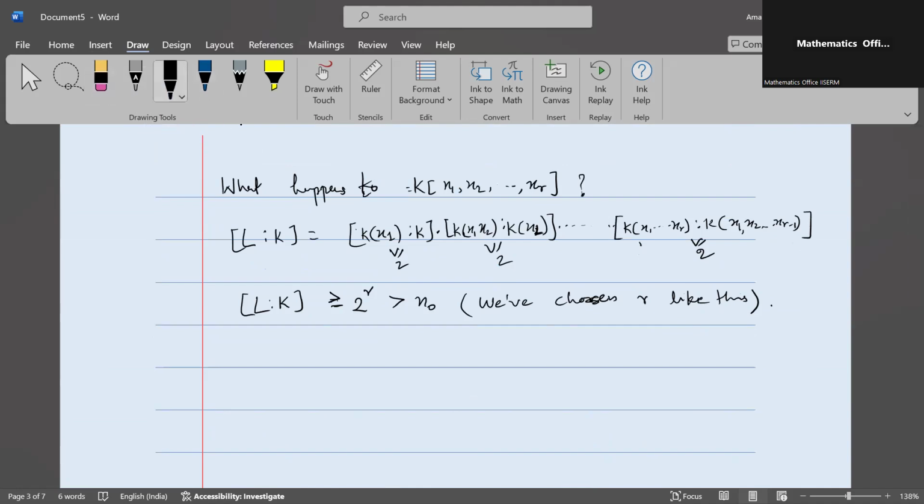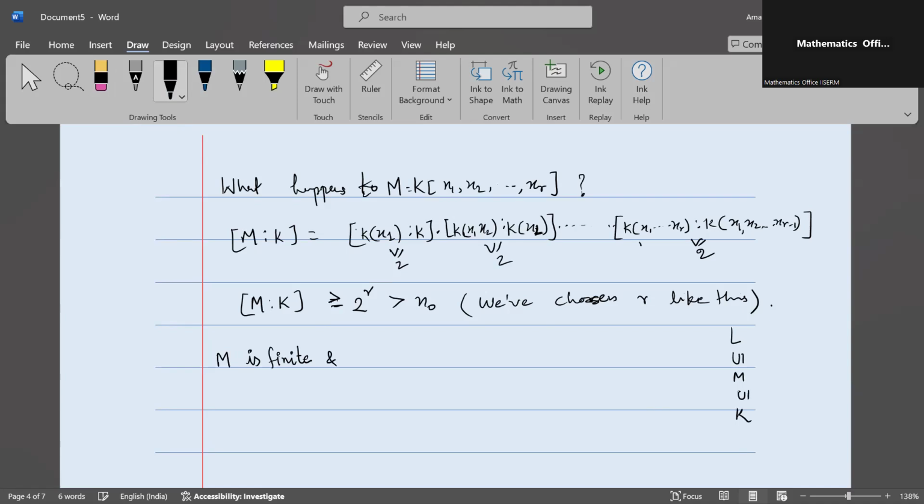Let me write it as M. M is finite because x1, x2, xr are there, right? M is finite and M lies between L and K.